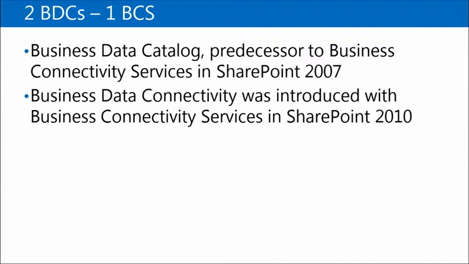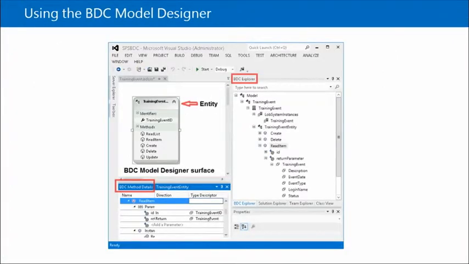The BDC in 2007 was the business data catalog. Now the business data connectivity is what is behind the business connectivity services in SharePoint 2010. Business data connectivity defines this model that we use in BCS.